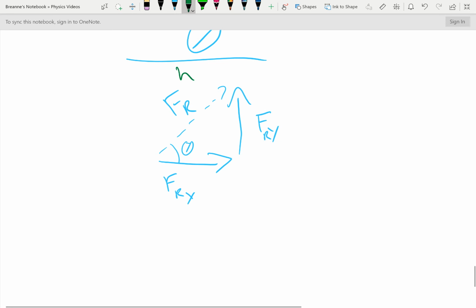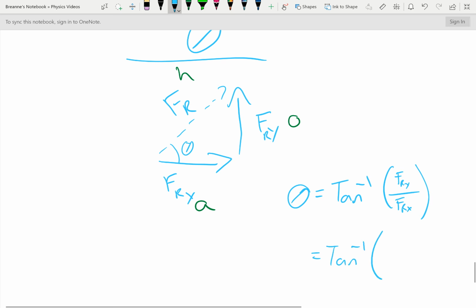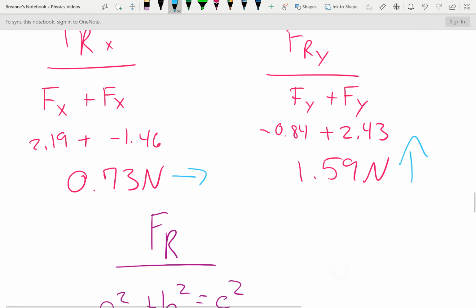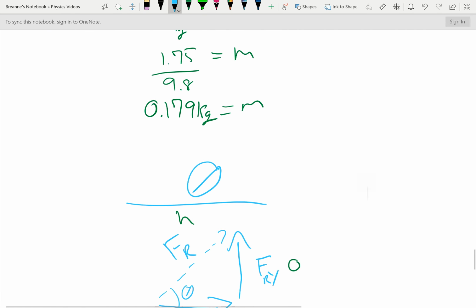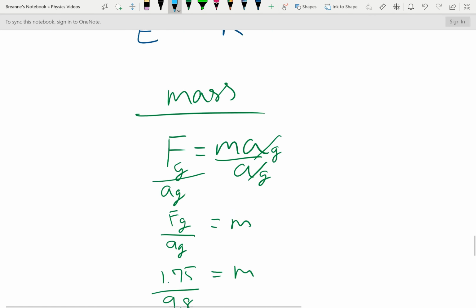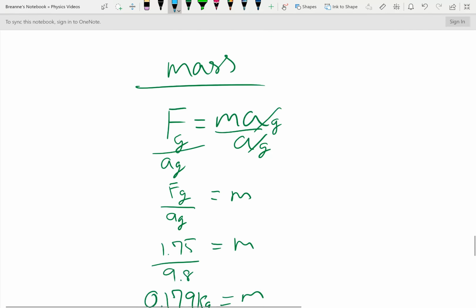Because that is your hypotenuse, this is your opposite, this is your adjacent, you can actually use your tangent. And you're going to use your inverse tangent because you're looking for your angle. So it'd be FRY over FRX. Your FRY was 1.59. Your X was 0.73.